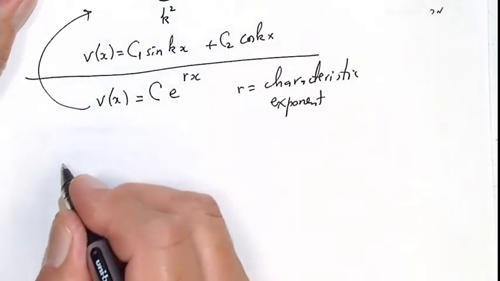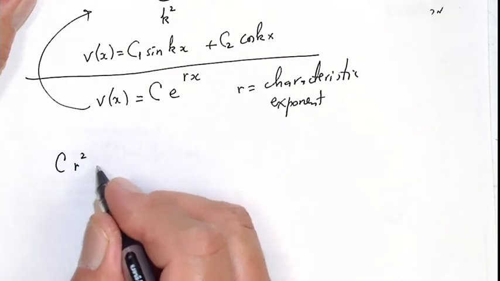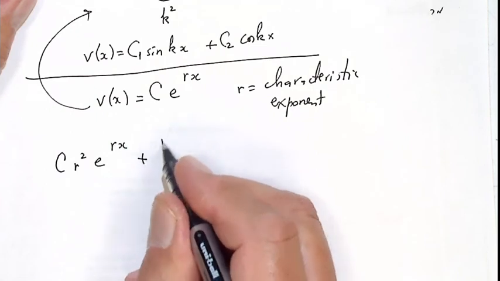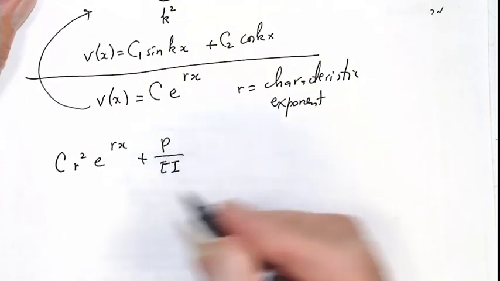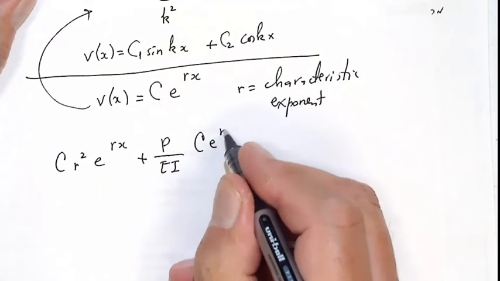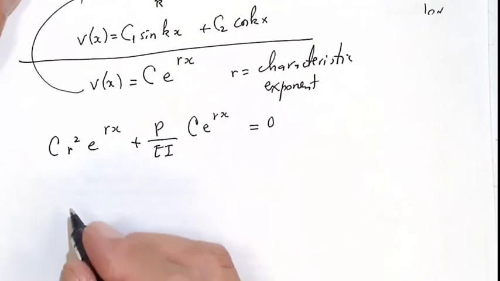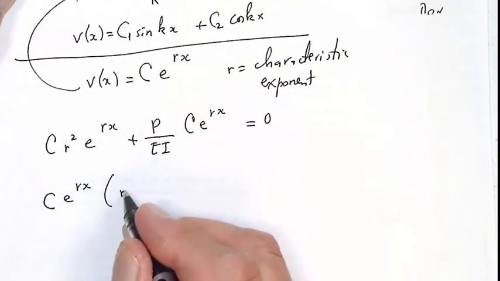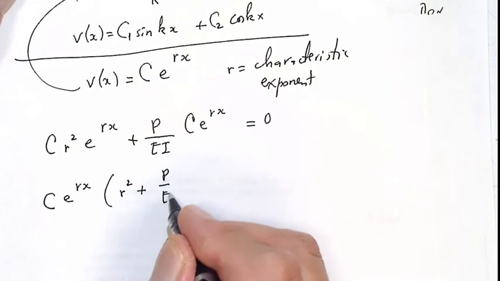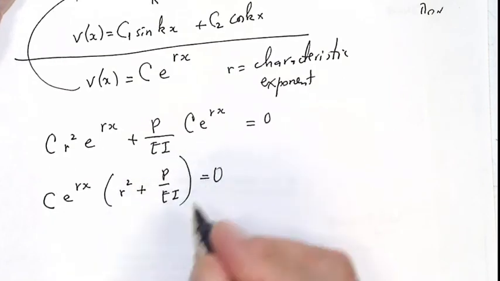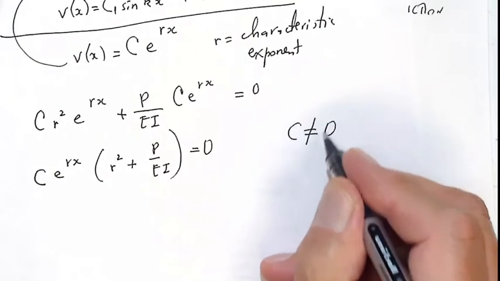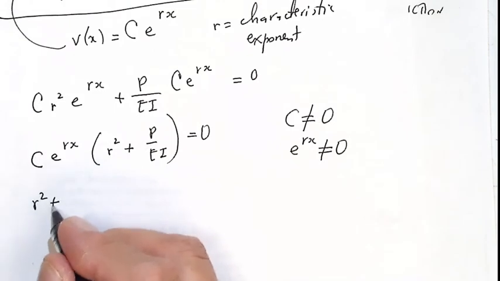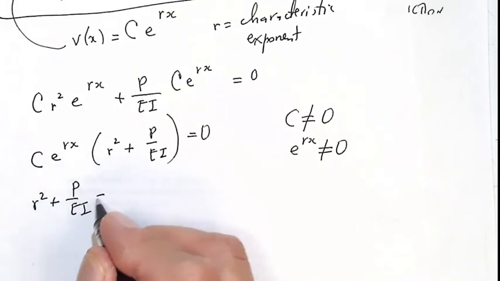I substitute this there, will be c r squared, and then e in power rx, then plus p over EI, then c e in power rx. This equals 0. Then I take c e in power rx outside parentheses: r squared plus p over EI equals 0. C is not 0, e in power rx is not 0. So then r squared plus p over EI is 0.